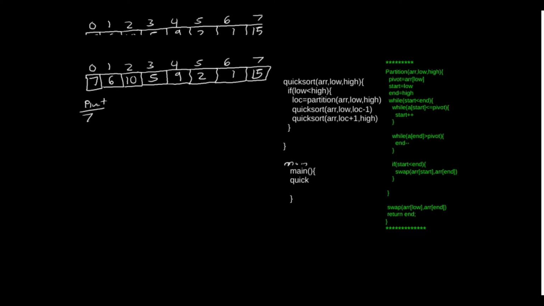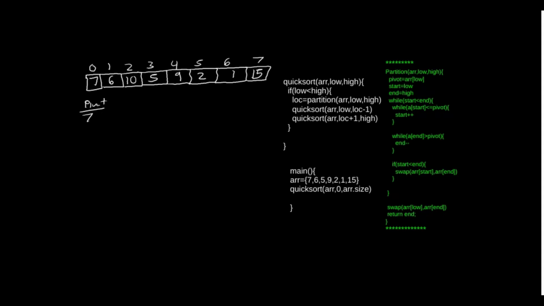We'll just call quicksort with array, 0, and the size minus 1. Okay, it's our main function.